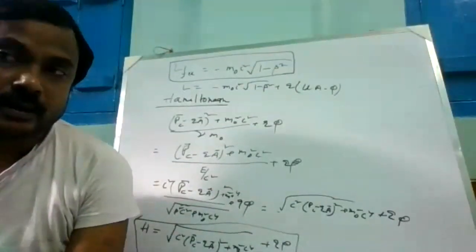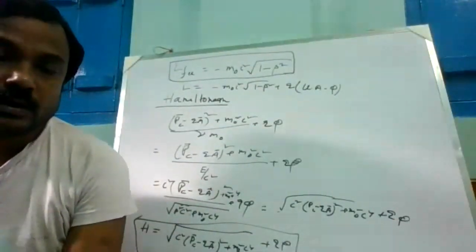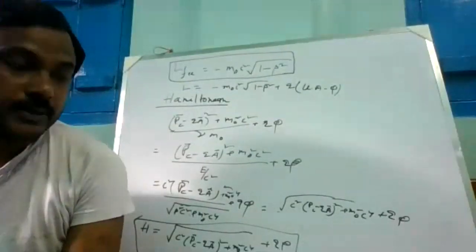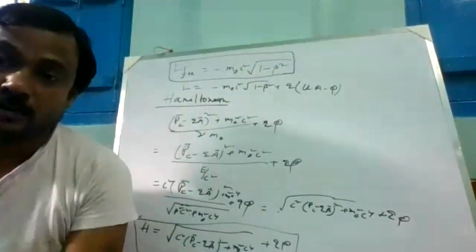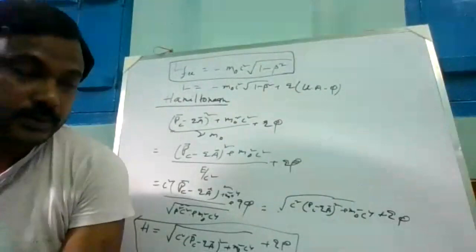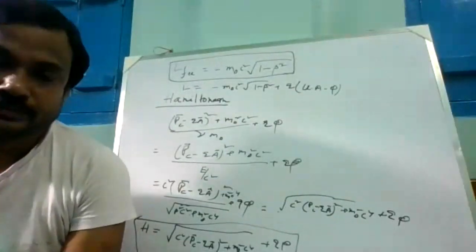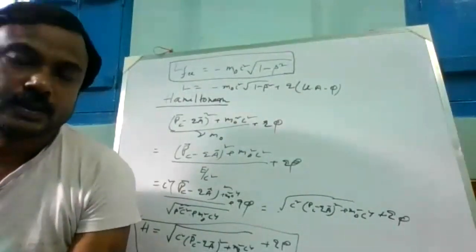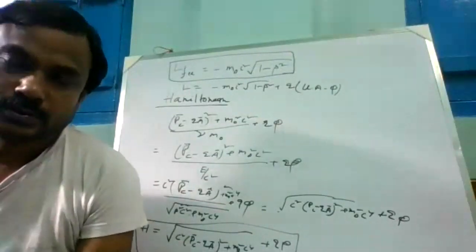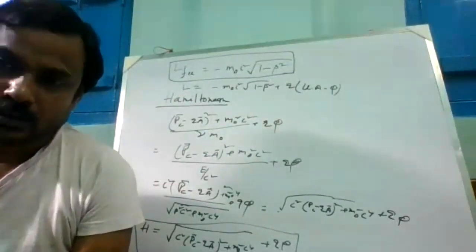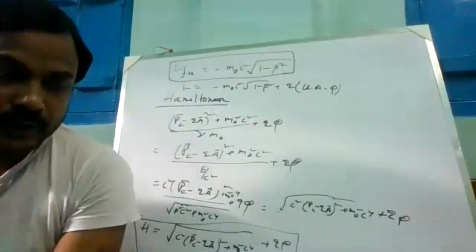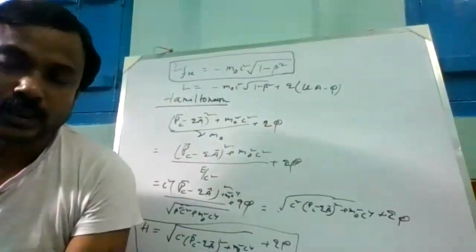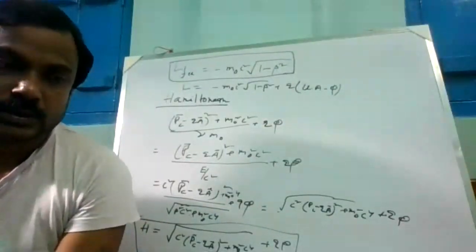Now the Lagrangian and Hamiltonian formulation of the field itself, not the particle, can also be derived. So this topic, the covariance formulation of electrodynamics, is finished.